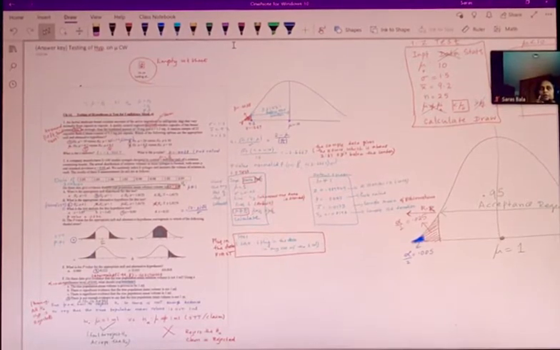So I want you to learn all these deductions or results in order to answer your true or false question. Okay, so you should know that when you change your sample size, when you change your confidence level, you should know what is going to be the change in your confidence limits. All right, so that's why I am telling you, you should be able to answer the true or false question only if you are very strong in this material.